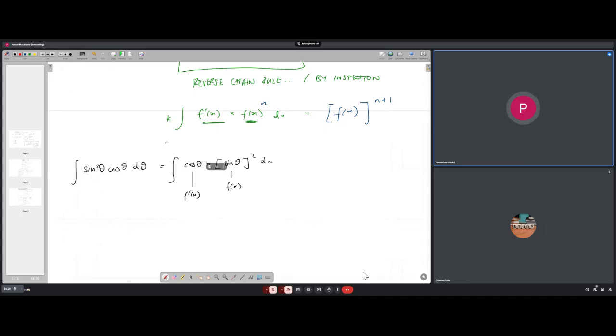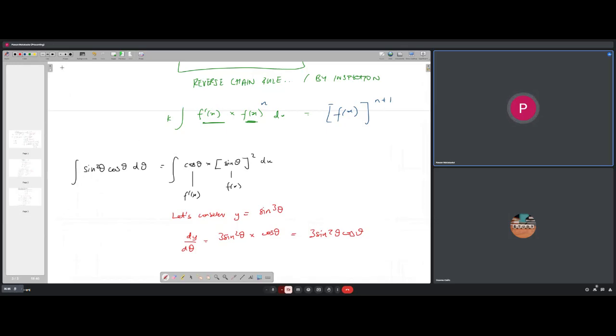So what we can do is consider the answer being not sine squared theta, but sine theta cubed. Let's consider that. If we were to find the derivative, you'd have 3 sine squared theta, and then you multiply that by the derivative of sine, which is cosine. Does that make sense?